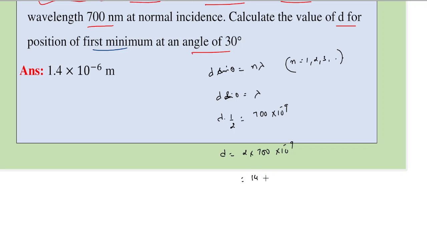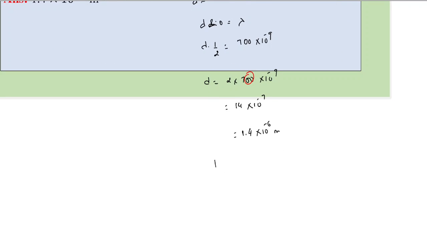That will be 14 into 10 power minus 7, because we can write this as 10 power 2. So 10 power minus 9 plus 2 will be 10 power minus 7, or we can write this as 1.4 into 10 power minus 6 meter, or d is equal to 1.4 micrometer.